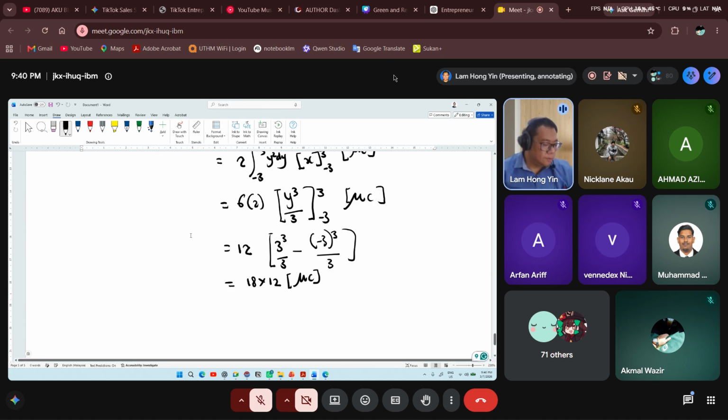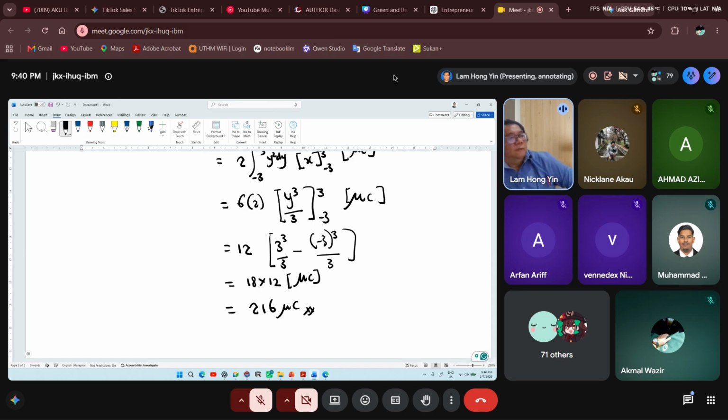After you press the calculator, I suppose you will have 216 microcoulombs. Okay, that's it for the total charge for this kind of surface charge density.